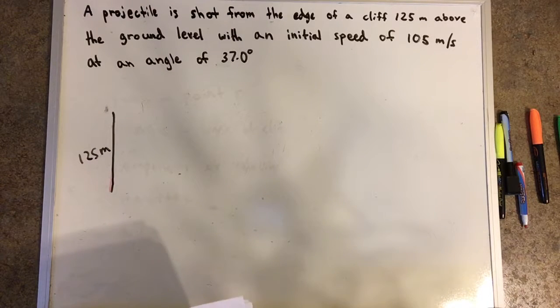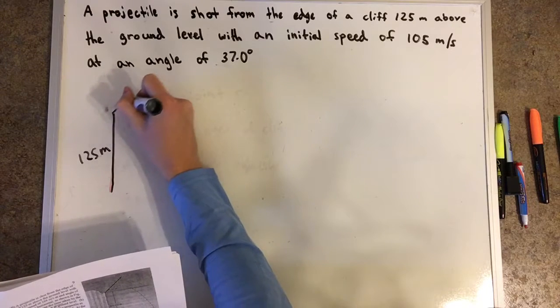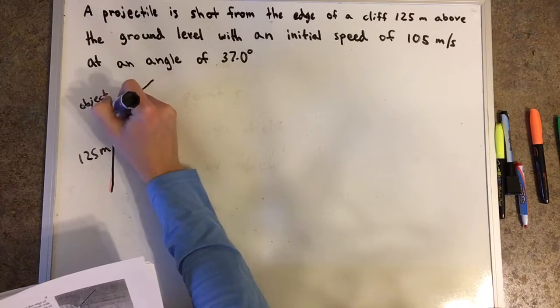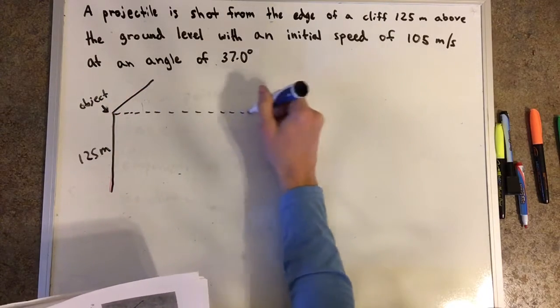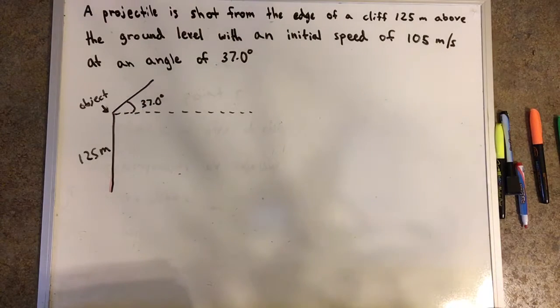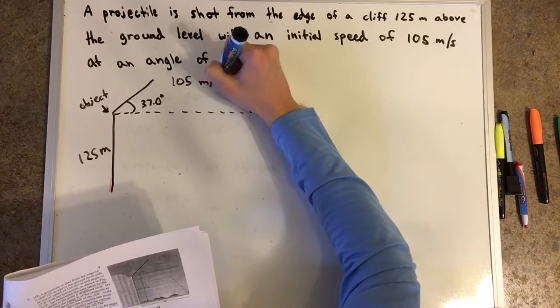At the top of the cliff, an object is shot from the top at an angle of 37 degrees with an initial velocity of 105 meters per second.